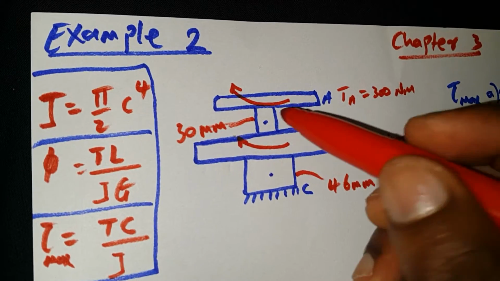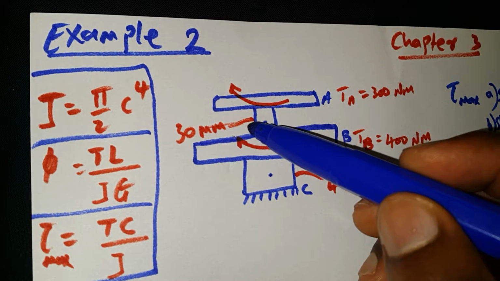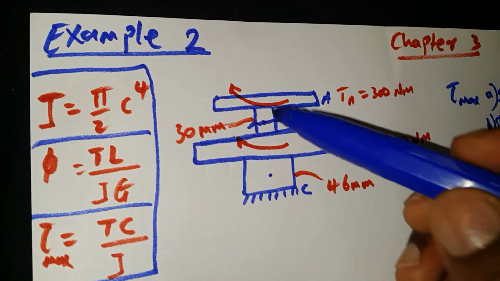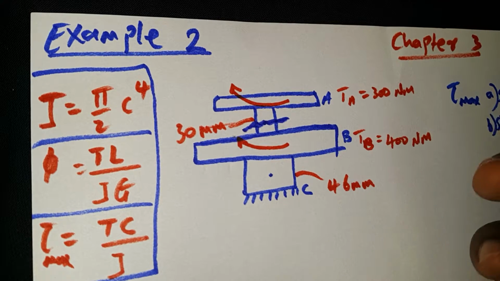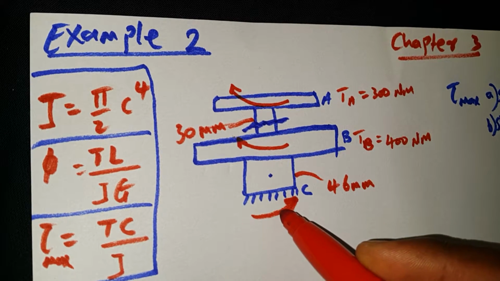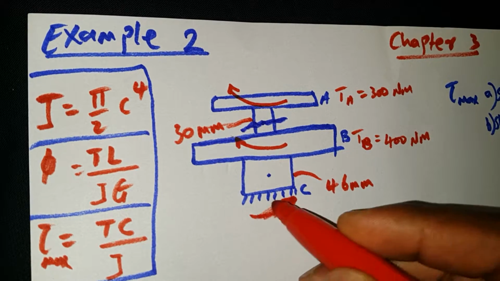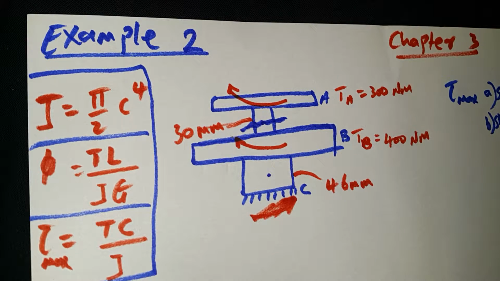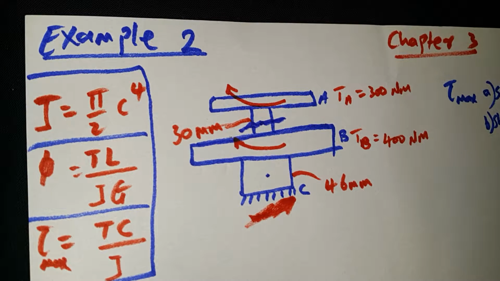We will find the torsion TAB, which is within this place, so in that case we will cut this place. Some students like to find the reaction torsion here first, then start. Some students don't need it, they start from the beginning. So let's not put this, let's start from the beginning.